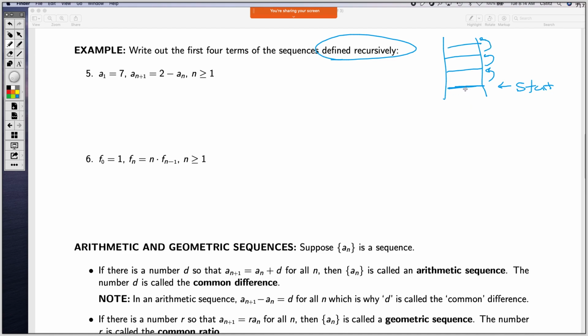So you're climbing a ladder, you get on the first rung there, and then once you're on a rung, you step up to the next rung. Then you get to the second rung, and then you step up to the third rung, etc. So that's the idea here, with the recursive sequence, it tells you where to start, and then it tells you how to go from one to the next.